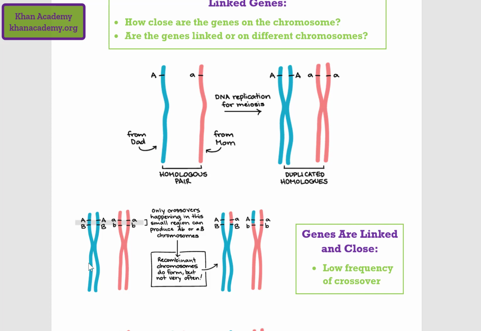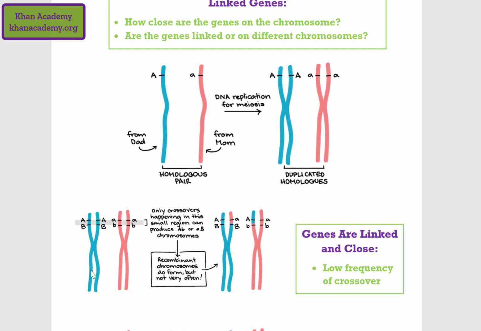So that's why sometimes family members will have a lot of traits in common. It might be because they were on one chromosome together. So any sibling that got that chromosome had all of those traits together.